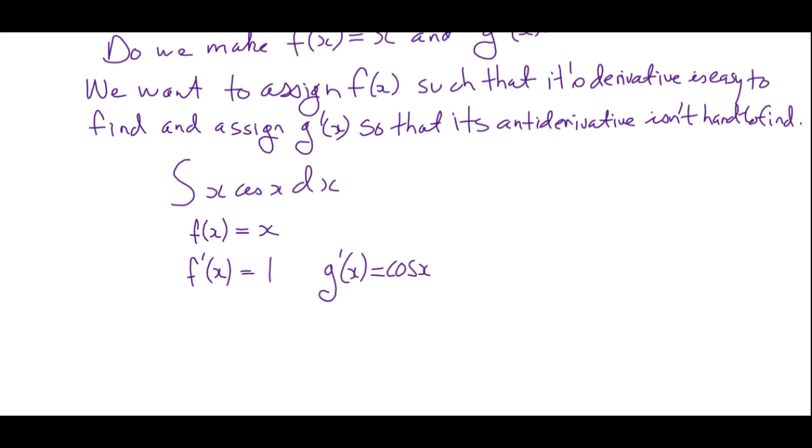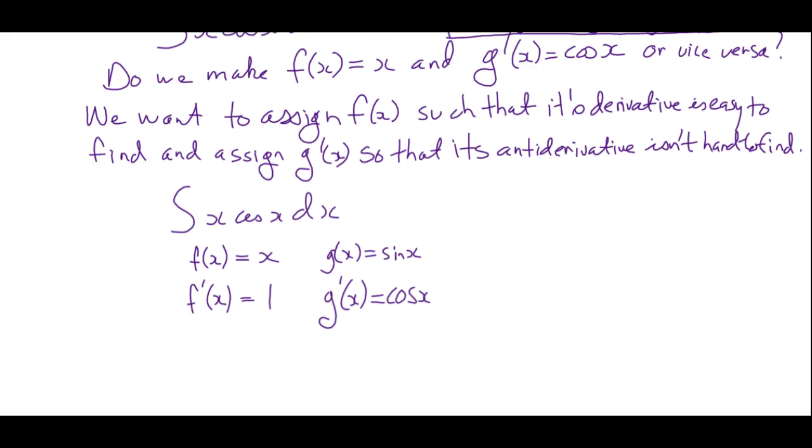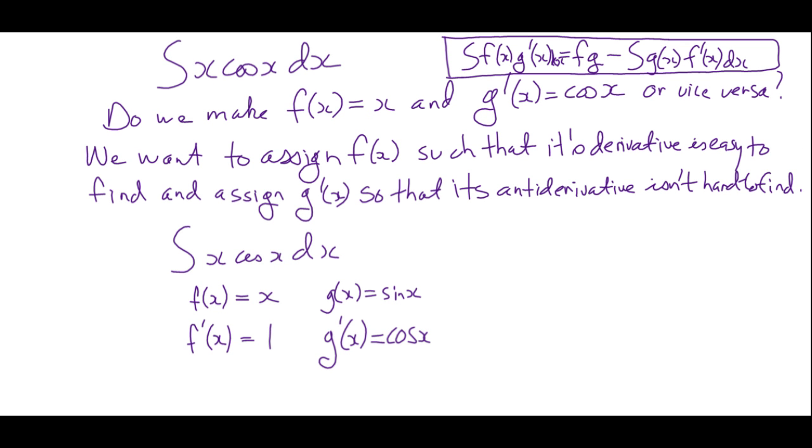So what's g of x? So g of x is equal to sin x. And if we look, what have we got to figure out? We have f of x, we've got g prime of x, we've got f prime, we've got g, and we're going to have to do this integral of g of x times f prime of x.